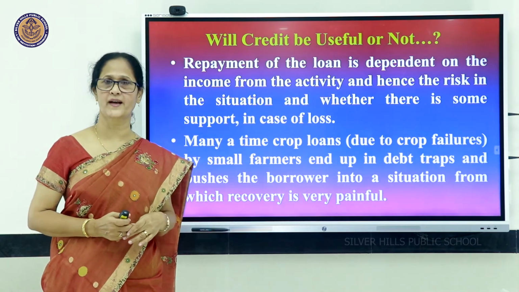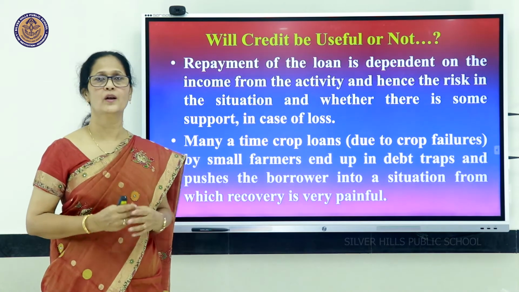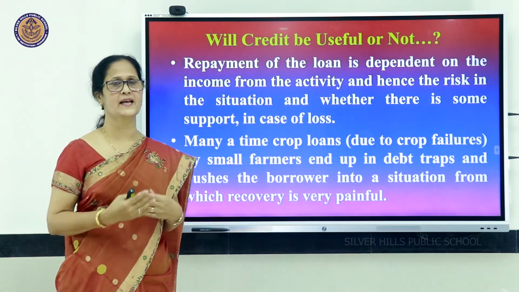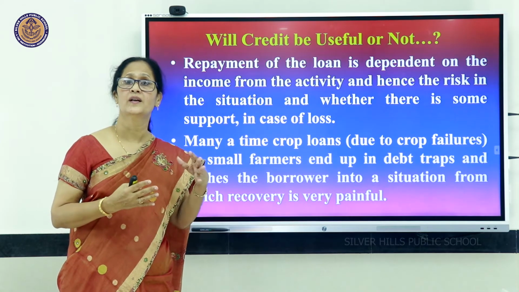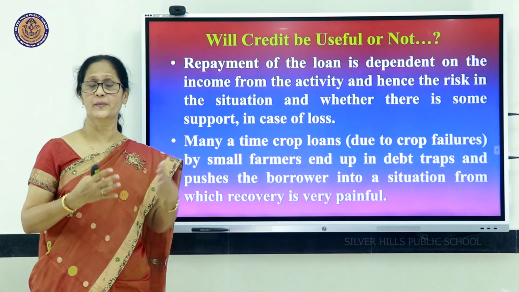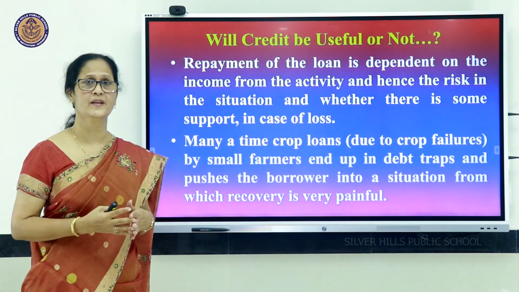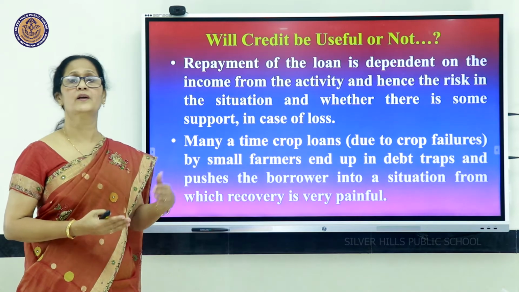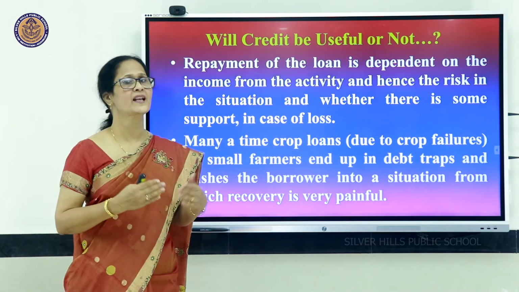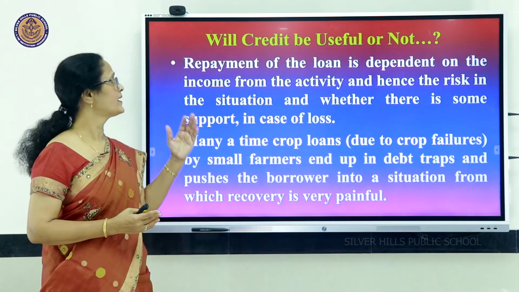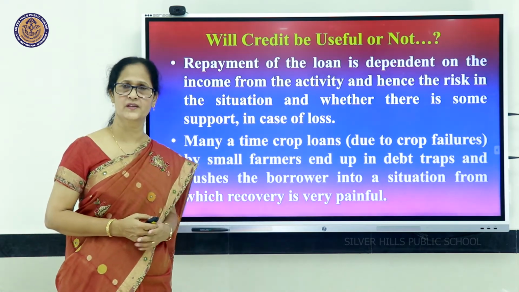Salim, the shoe manufacturer, took a loan and he carried out his business activity. He could produce and deliver so many pairs of shoes on time, and he made a profit in this activity. He could repay the loan and he became better off than before. In Salim's case, credit played a positive role.